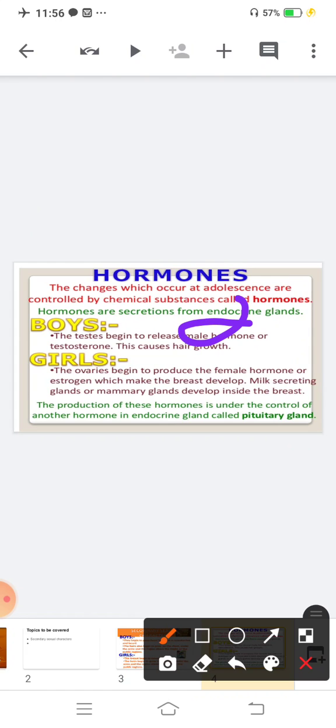The ovaries begin to produce the female hormone, estrogen, which makes the breasts develop. Milk-secreting glands, or mammary glands, develop inside the breast. The production of these hormones is under the control of another hormone from an endocrine gland, the pituitary gland.